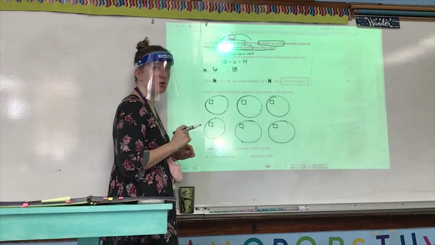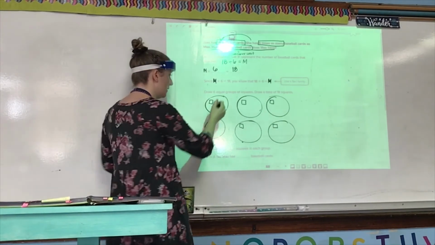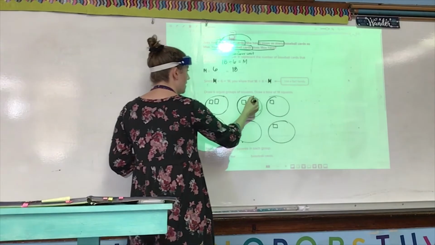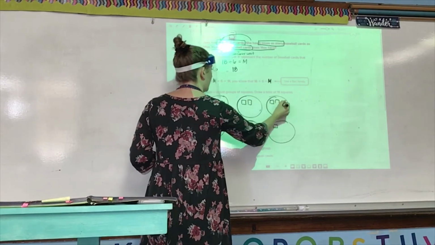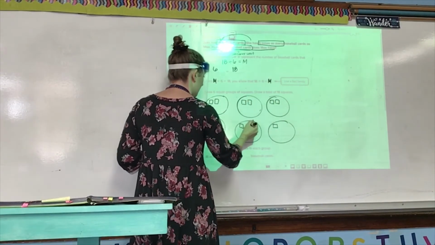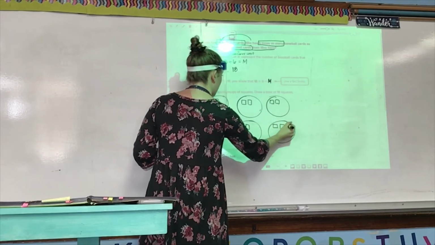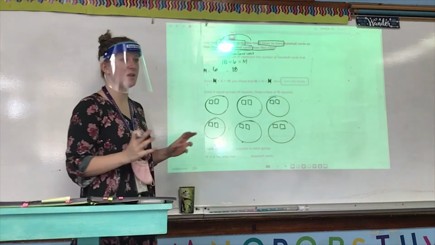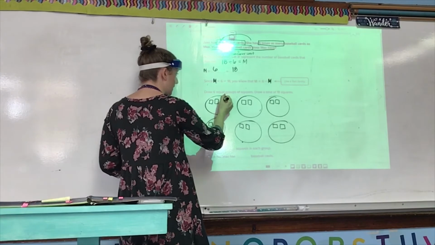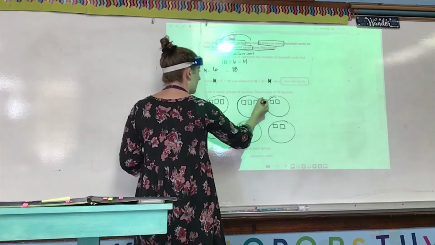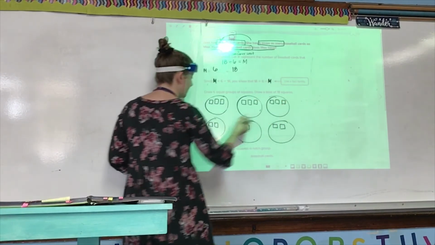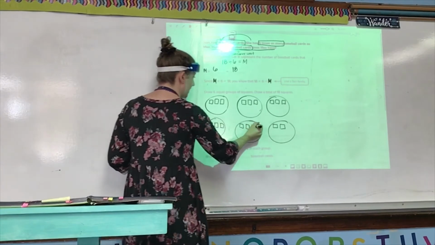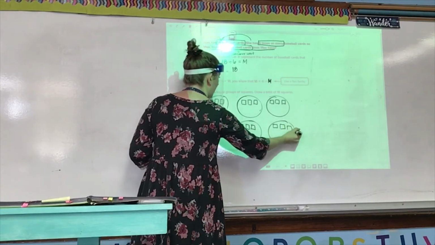I've put one in each group, so let's go back around again. 7, 8, 9, 10, 11, 12. I've put another in each group, so let's go back around again. 13, 14, 15, 16, 17, 18.